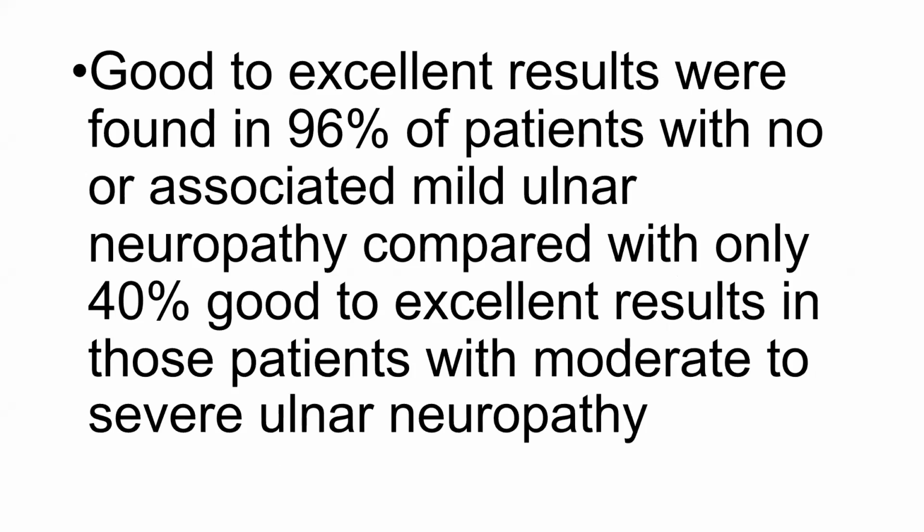Good to excellent results were found in 96% of patients with no or associated mild ulnar neuropathy, compared with only 40% good to excellent results in those patients with moderate to severe ulnar neuropathy.